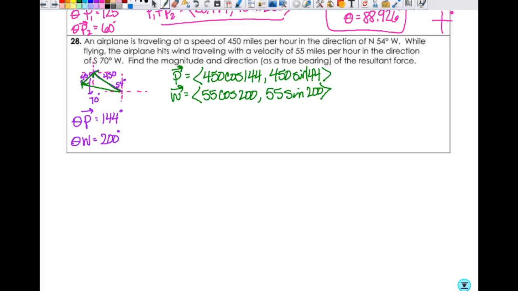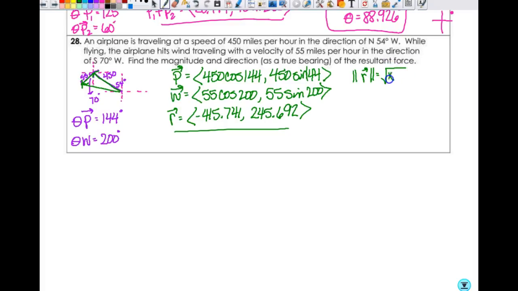So you put this in the calculator, you add them and store them, and you get that the resultant vector is equal to negative 415.741, comma, 245.692. I think. I can't read my own handwriting. That's either a 2 or a 3. All right. So here's my resultant vector. I need to find the magnitude of that. That's equal to the square root of x squared plus y squared, because it should be stored in my calculator. And that gives me 482.913 miles per hour.